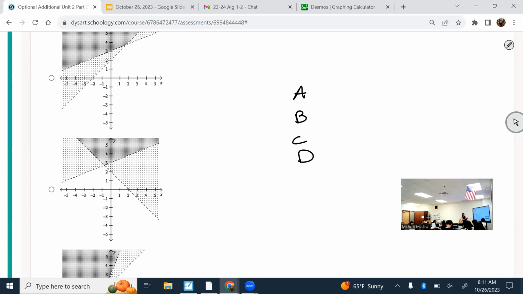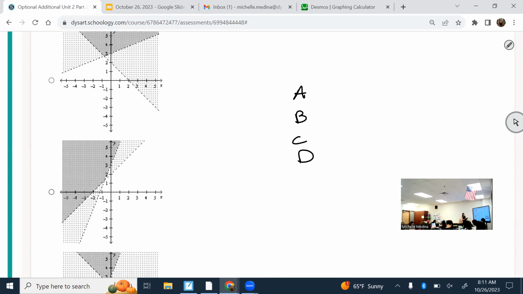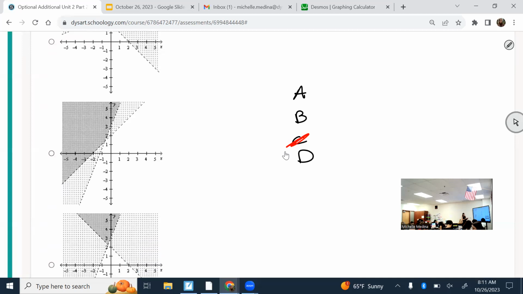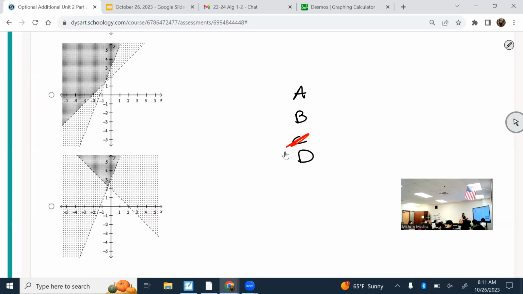I can't eliminate B, but can I eliminate C? Going up 2 to the right 5, is that on the line? So don't pick C. And then also, does that one follow the right slope? Up 2 to the right 5. So don't pick B. So now it's a 50-50 chance.